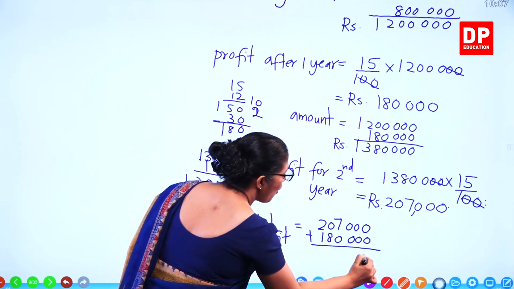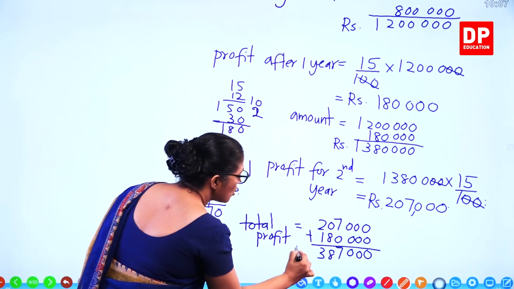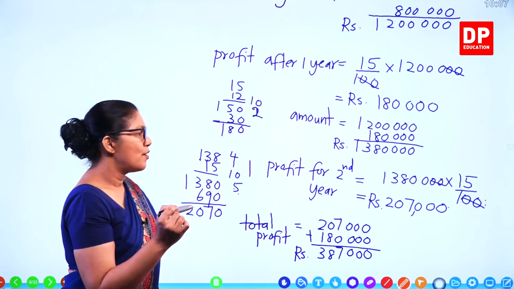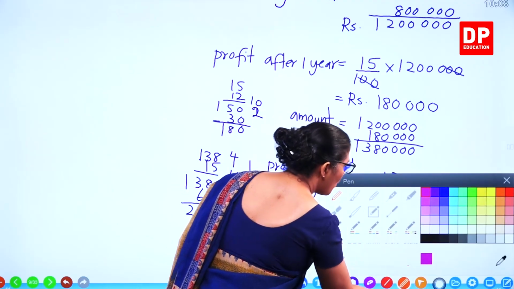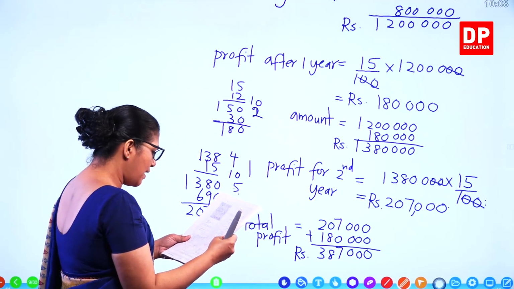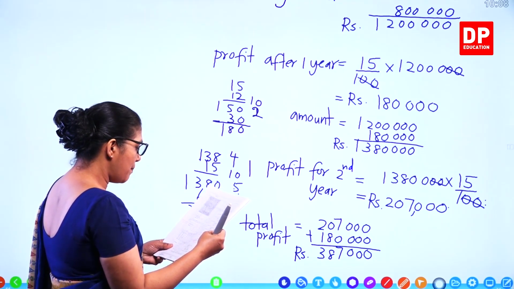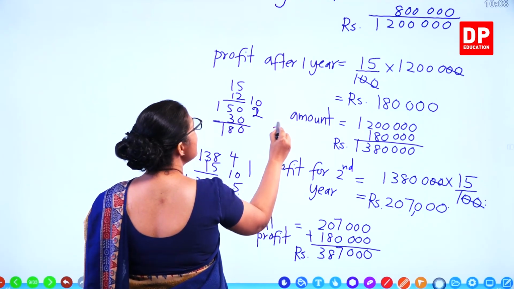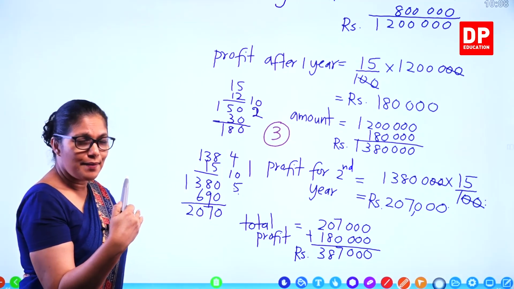The total profit is equal to this much. So 387,000 rupees. So we'll give marks for this now. We gave 7 marks for the previous step and only 3 marks you are getting.